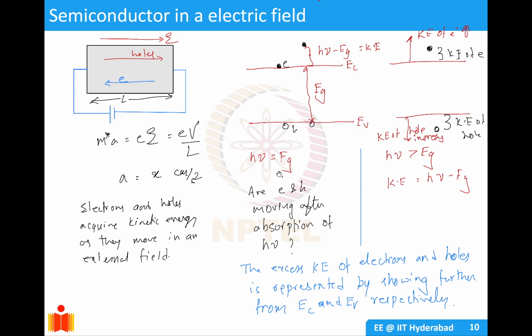So this is how they behave in an electric field. They acquire kinetic energy from the field, and hence electrons move in the direction of the field, holes in the opposite direction of the field.